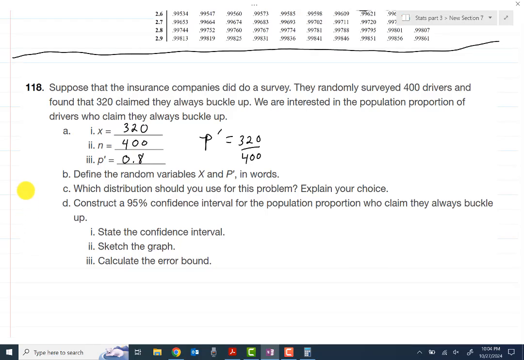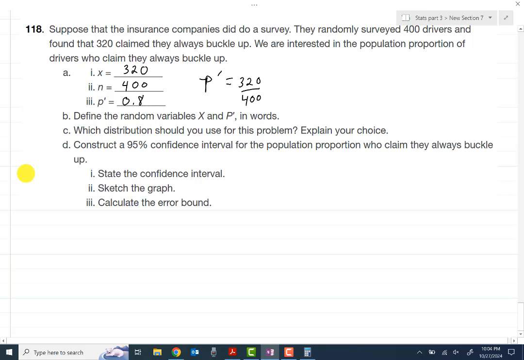Define the random variable X. X is the number of successes. We could look at it this way. Whenever you're doing any kind of survey, X could be the number of people associated with those who buckle up.